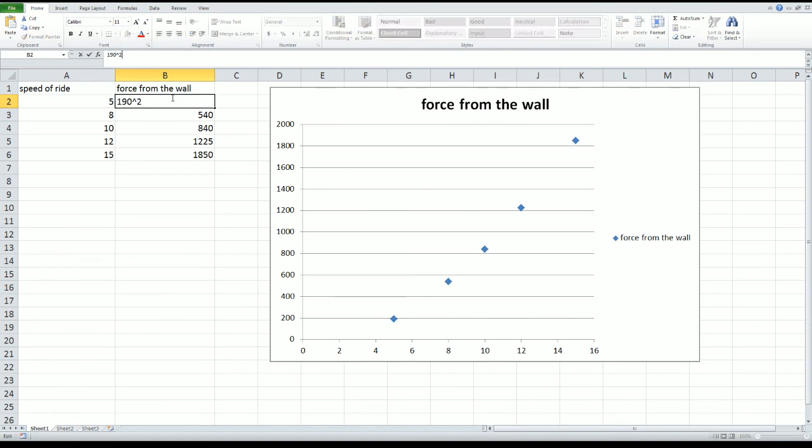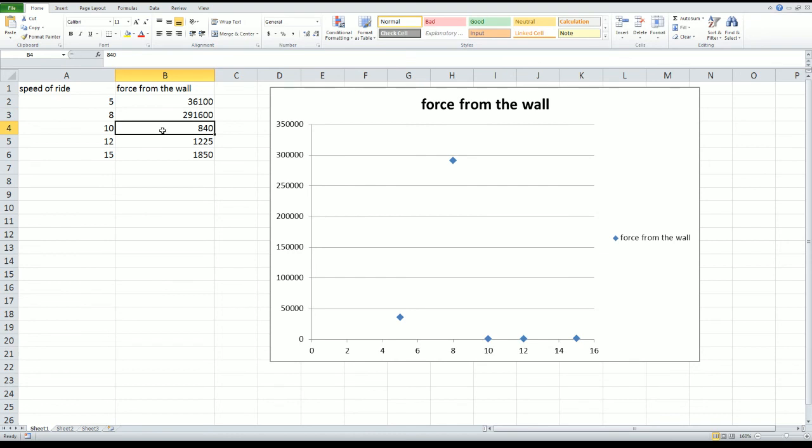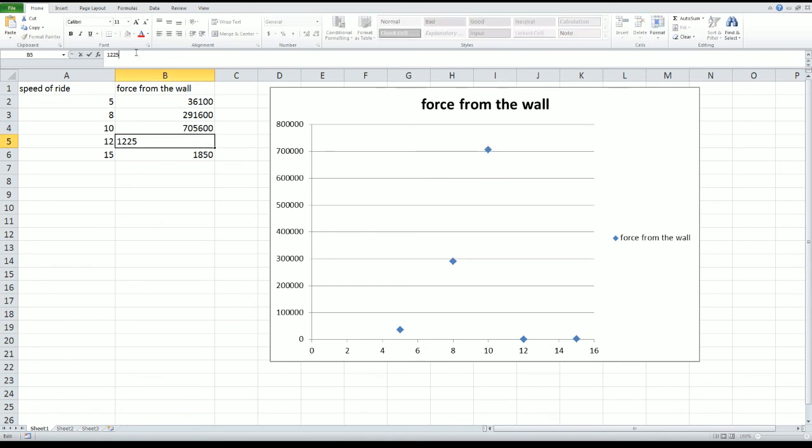Let's square this. It's equal to 190 squared. Oops, nope. Equal to 540 squared. I'm just going to square each term. Just look at how the equation is changing. Is that helping?